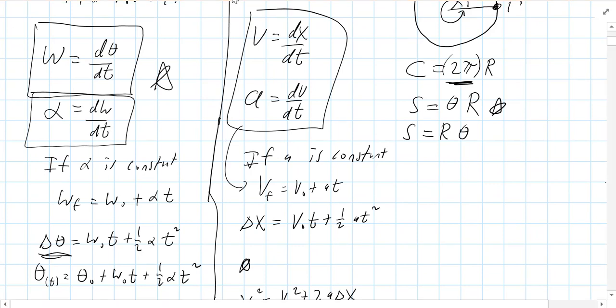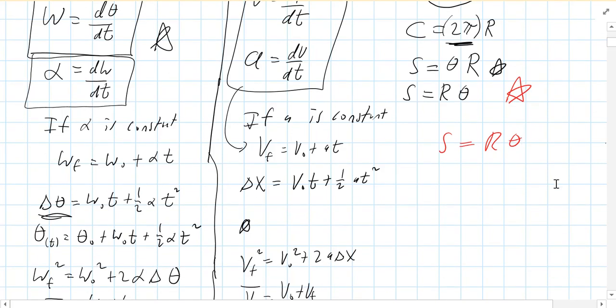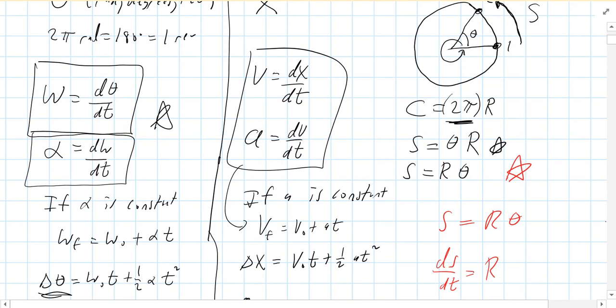Other things that you should know. Going back over to here, we know s equals r theta. Well, if I take the derivative of both sides with respect to time, over here we get ds dt. R is going to be constant. You're not going to change the radius of your circle.